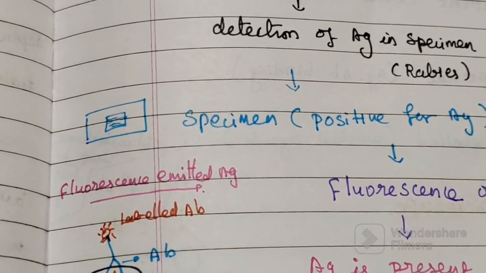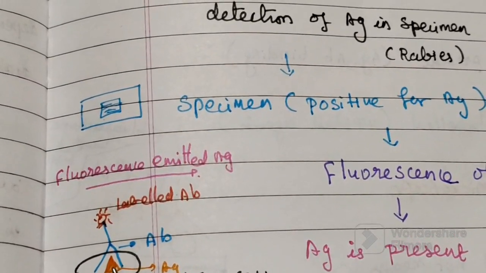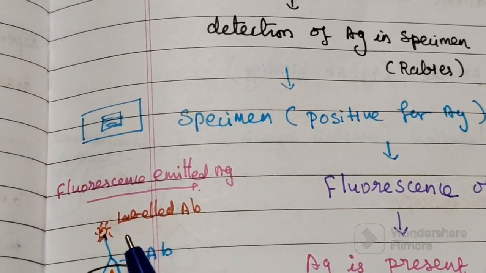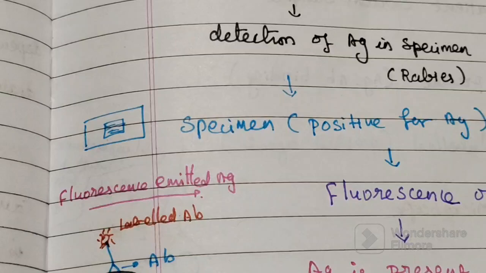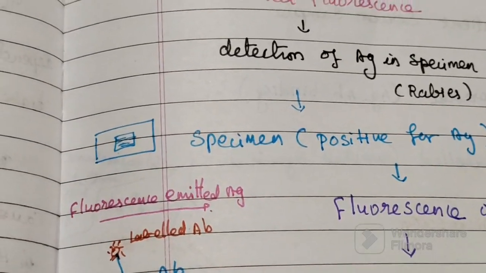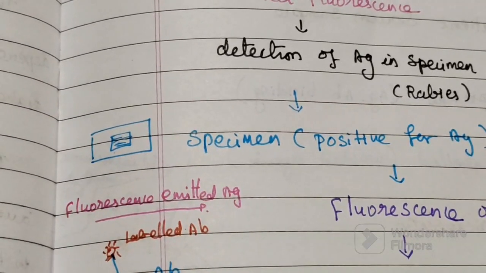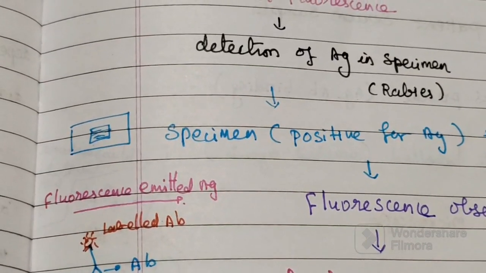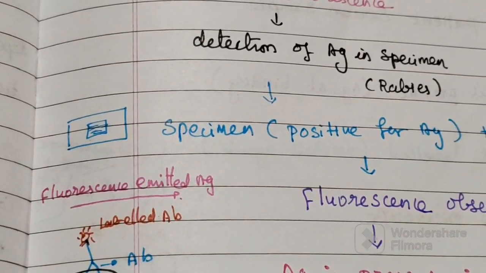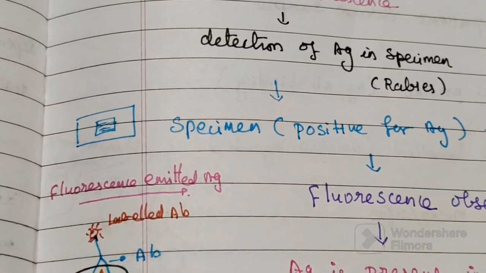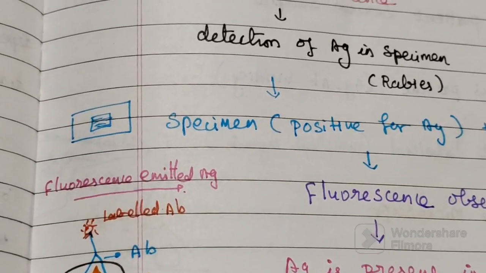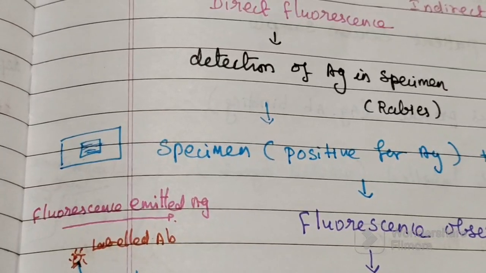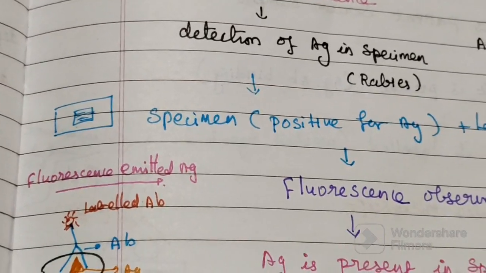Here we put an antibody over it. The antibody is labeled with the fluorescent dye, so it will emit light, visible in the form of fluorescent light. So we will be able to detect the presence of antigen or antibody. That is the basic fundamental idea.